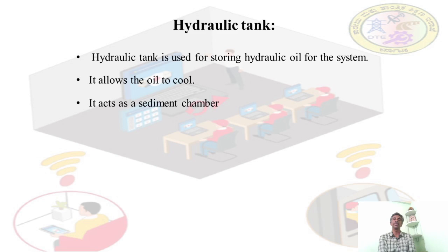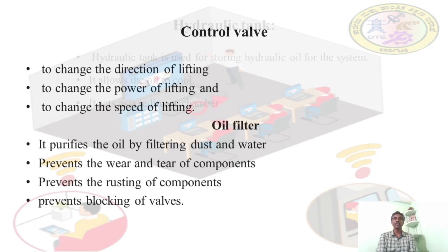If it doesn't cool, a fire may occur. So for this purpose we have to cool the oil. Also, due to the working, some sediments and dirt may enter the system, so sediment chambers are fitted in the hydraulic tank.